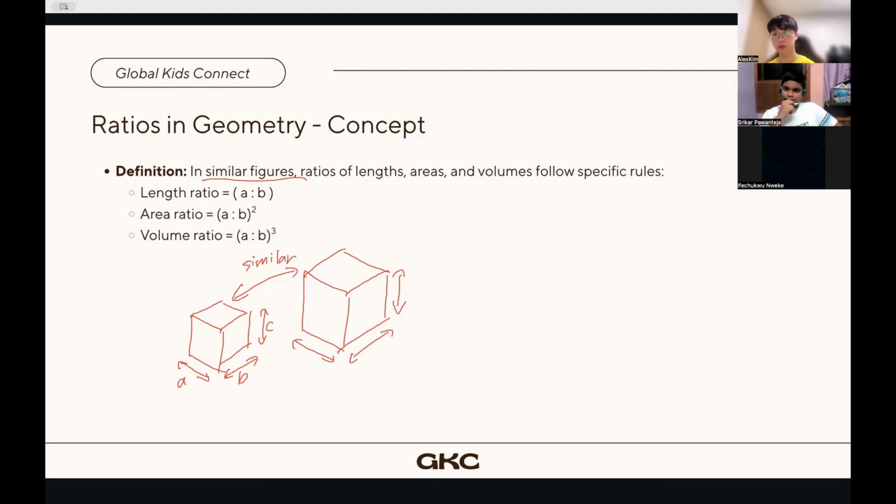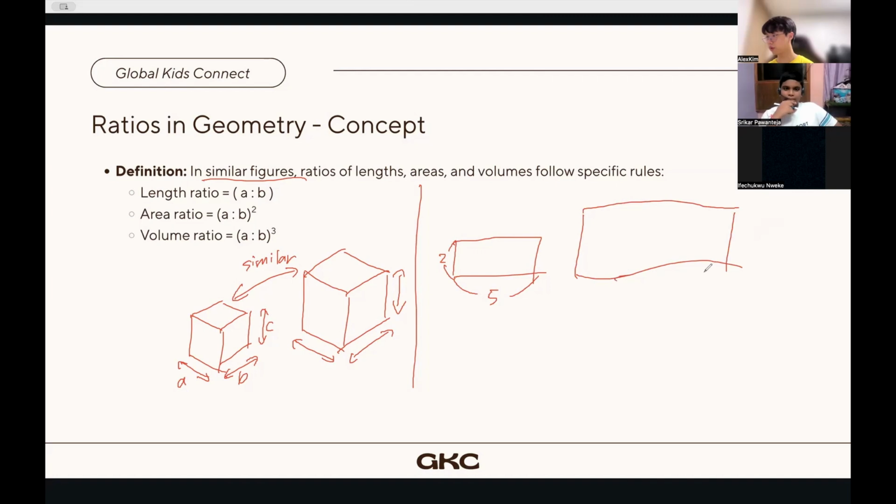And so this works for both two-dimensional and three-dimensional shapes. Let's say, for example, we have a rectangle here with a height of 2 and a length of 5. And then we have a larger rectangle with a height of 4 and a length of 10. You can see that the ratio of height to length is the same for each.